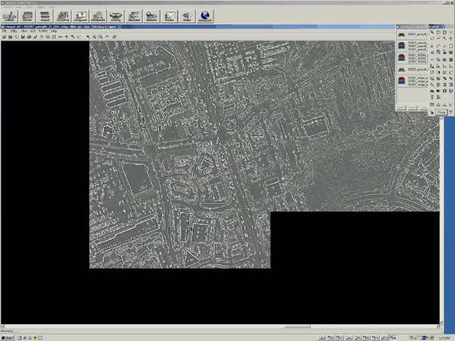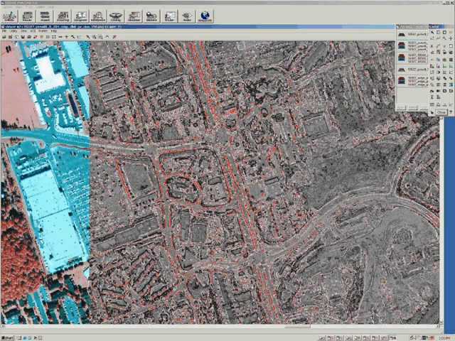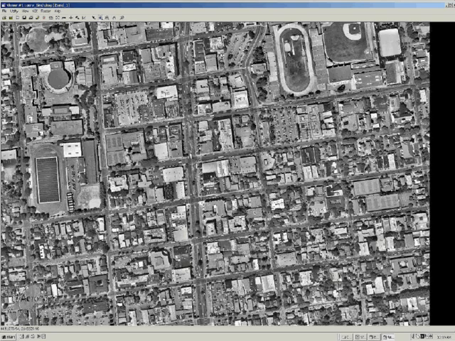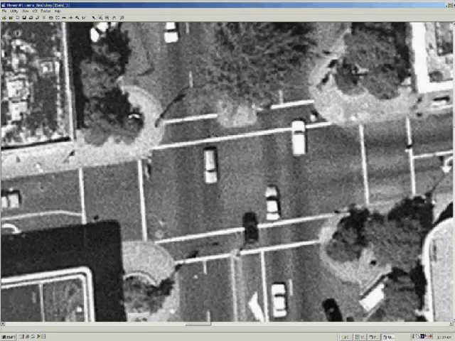Manual digitizing of road networks is still the most accurate technique available to create, maintain, and update road network data. The San Diego Association of Governments has used high-resolution imagery to assist in accurate model coding of mid-block and intersection lane configurations.